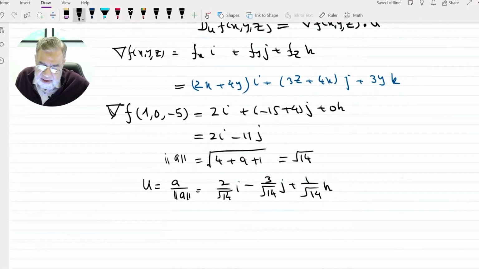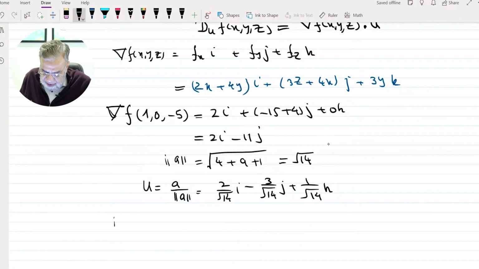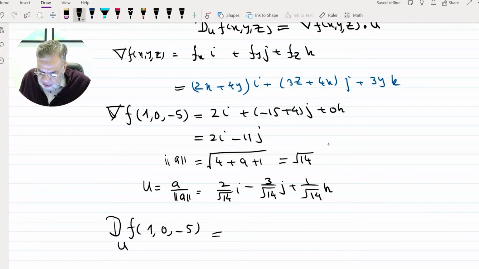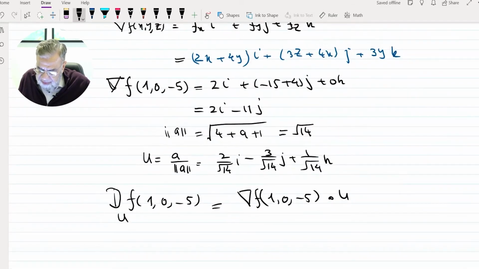And now I can take the formula, that's my dot product: the directional derivative of the function at the point 1, 0, minus 5 in the direction of u is equal to the gradient of the function at the point 1, 0, minus 5, dot product u. So I have these two vectors. The vector here is 2, minus 11, and 0. This is my gradient. And dot product is u.